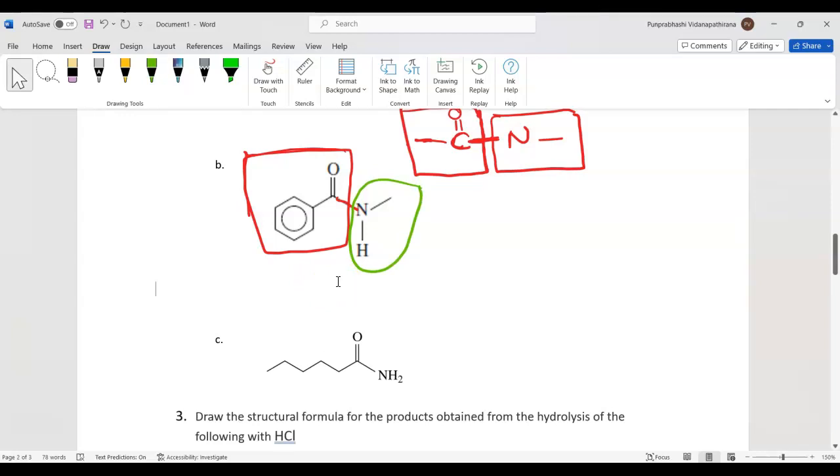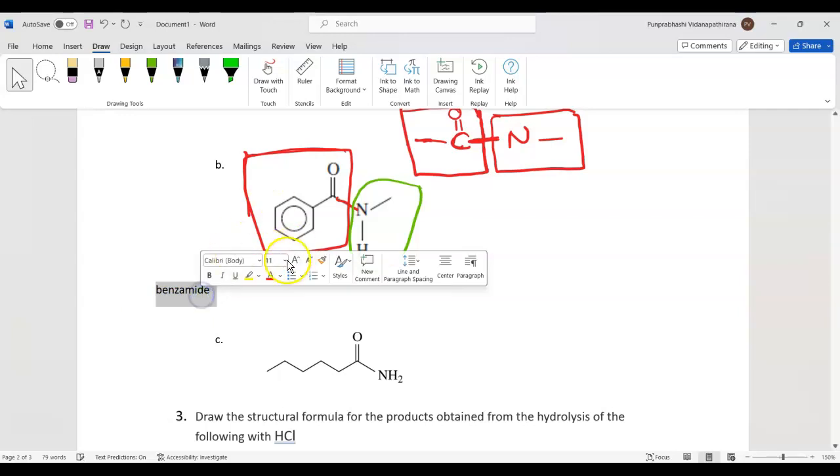We'll start with the carboxylic acid name, a benzene ring connected to the carbonyl group. The corresponding carboxylic acid is benzoic acid. Benzoic acid is the carboxylic acid that formed this amide. In order to convert this into an amide name, we just replace -ic acid with -amide: benzamide. So this is the carboxylic acid fragment name for this amide.